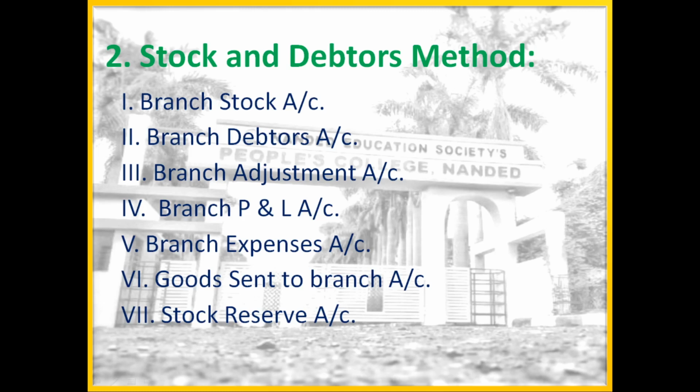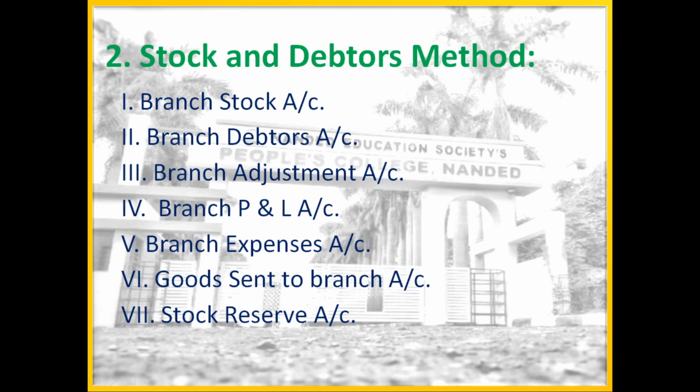The balancing figure on the debit side represents the cost of the net goods sent to the branch, which is adjusted against purchase trading account by the head office. This account cannot have any opening or closing balance.